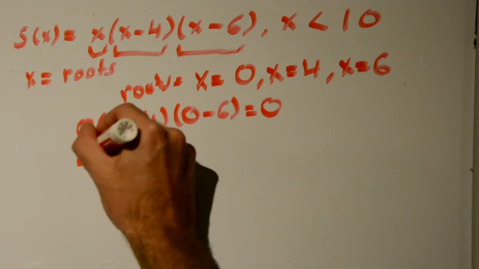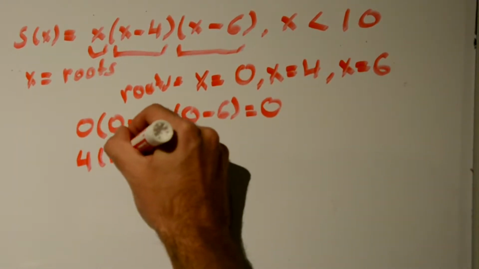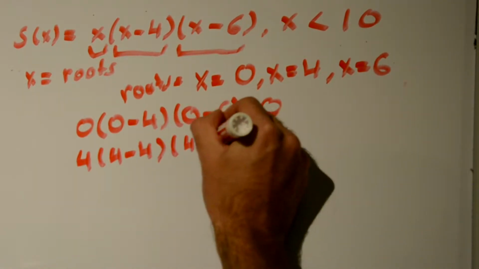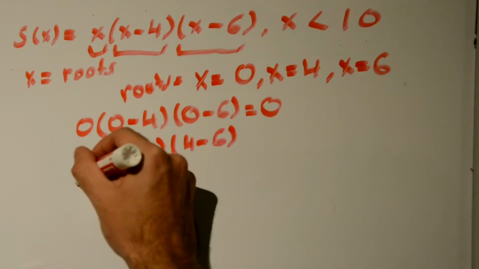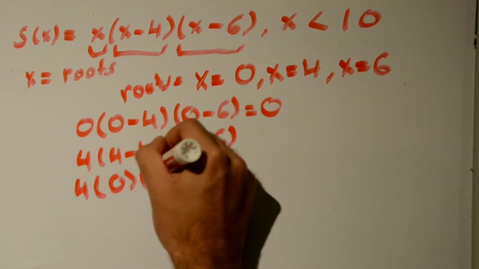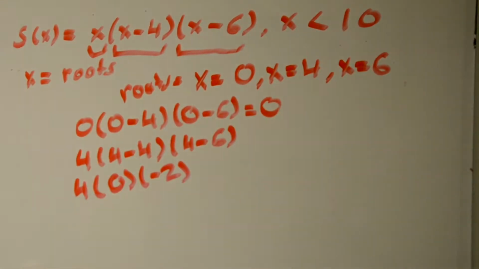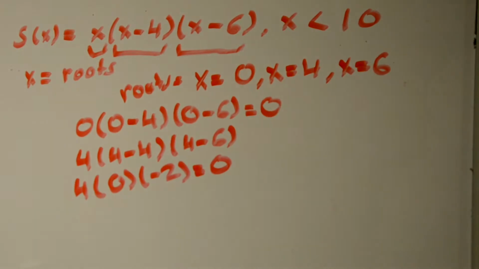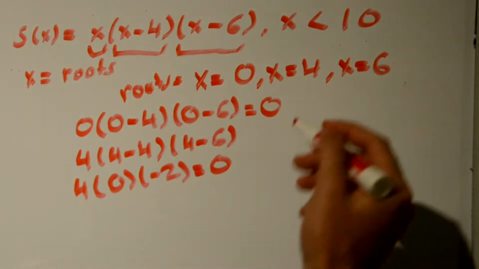Let's sub 4 in. 4 times (4 minus 4) times (4 minus 6) gives us 4 times 0 times negative 2. And once again, 0 times anything equals 0, so when x is 4, the function is at 0 as well. Now let's try 6.